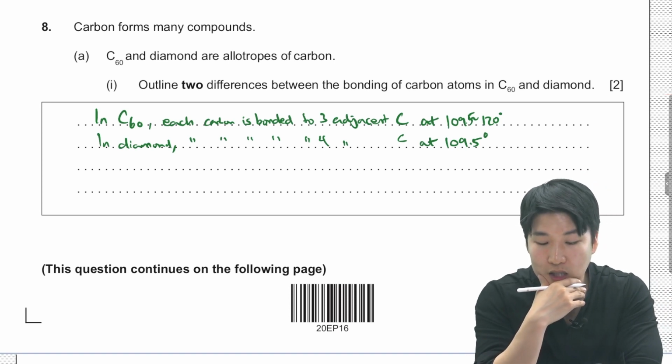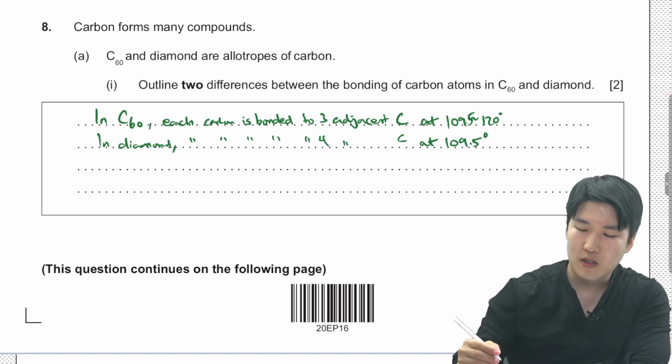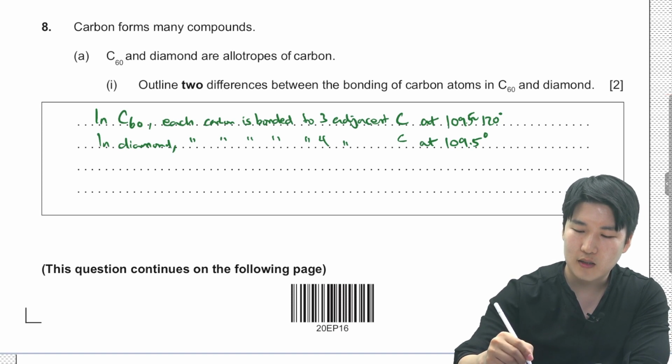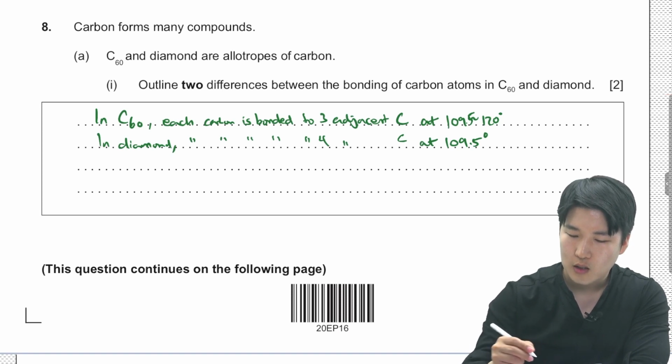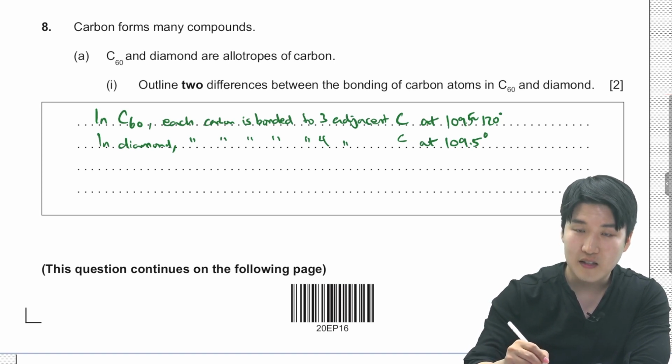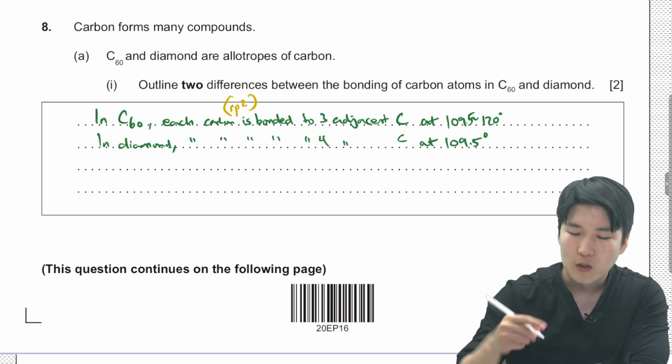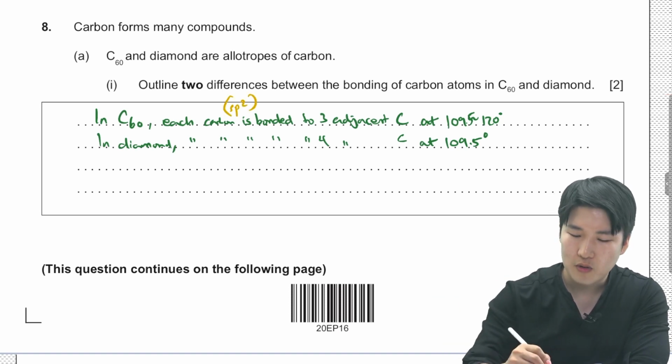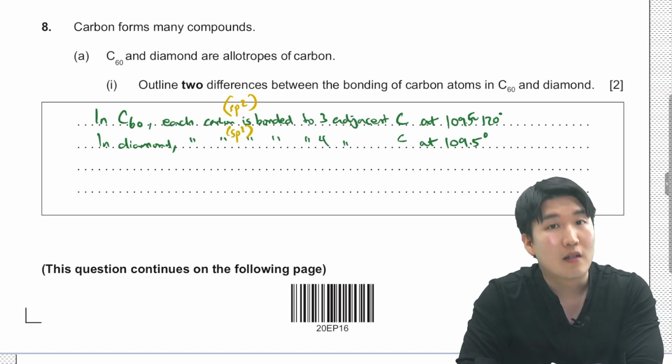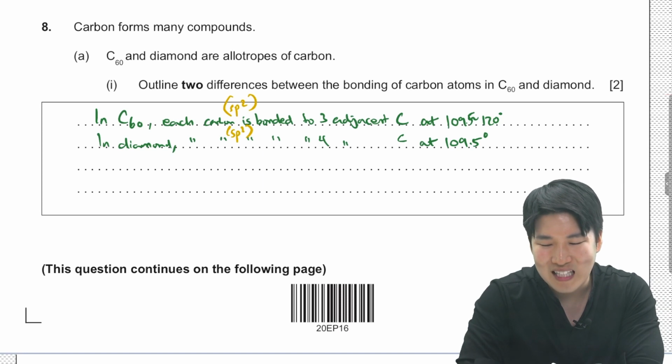We can give more differences: each carbon that is sp2 hybridized is bonded to 3 adjacent carbons in C60. Each carbon atom that is sp3 hybridized is bonded to 4 adjacent carbons in diamond.